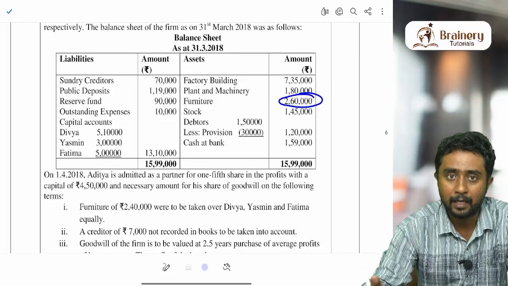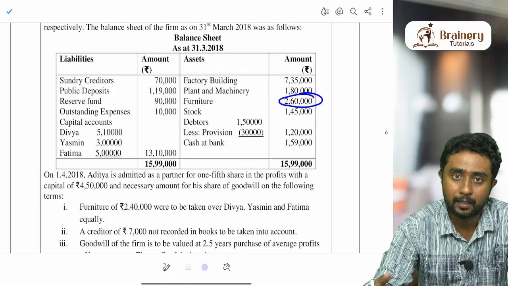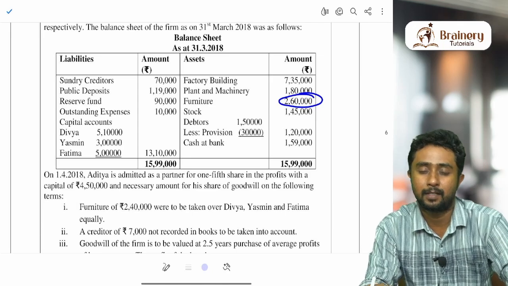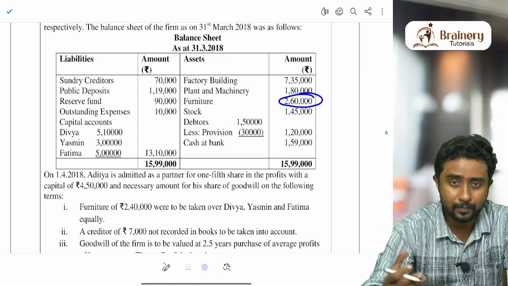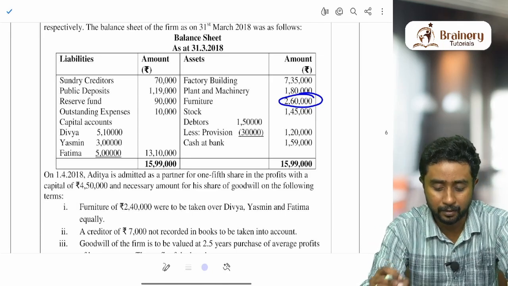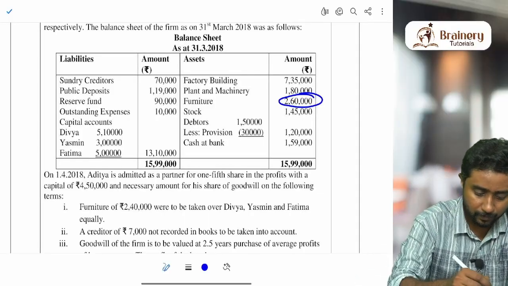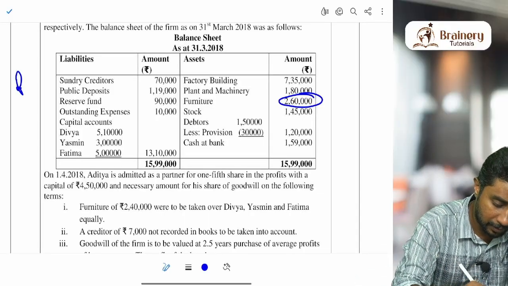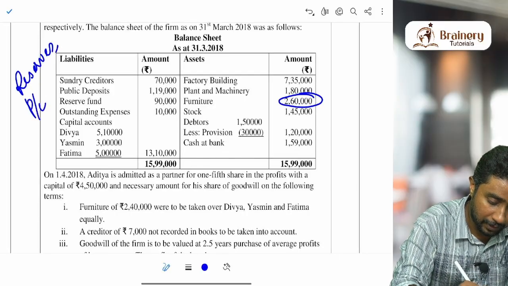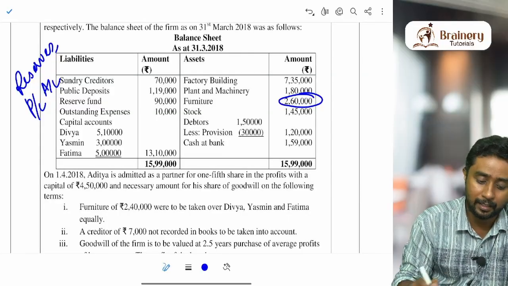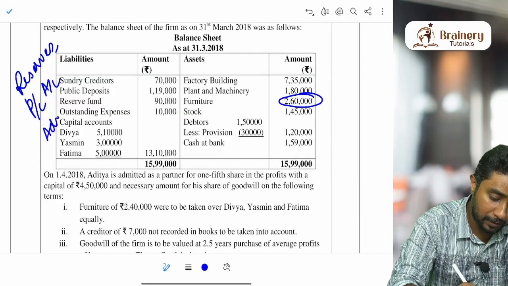When you get such a balance sheet, this is the shortcut again. In the case of the admission chapter or retirement or death or change in profit sharing ratio chapter, what you are supposed to do is search for reserves, any reserves that are given there, or any profit and loss account mentioned either on the asset side or liability side, and advertisement suspense account.